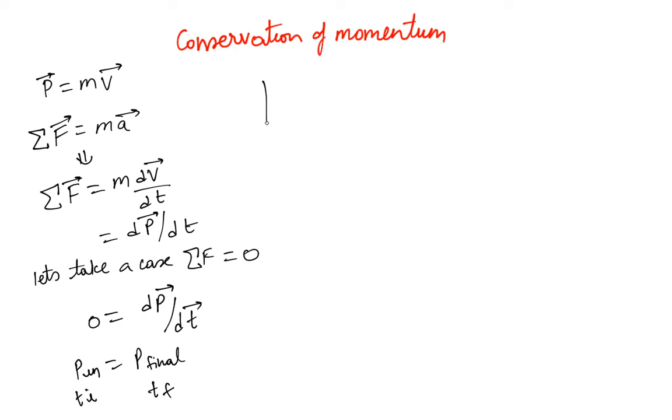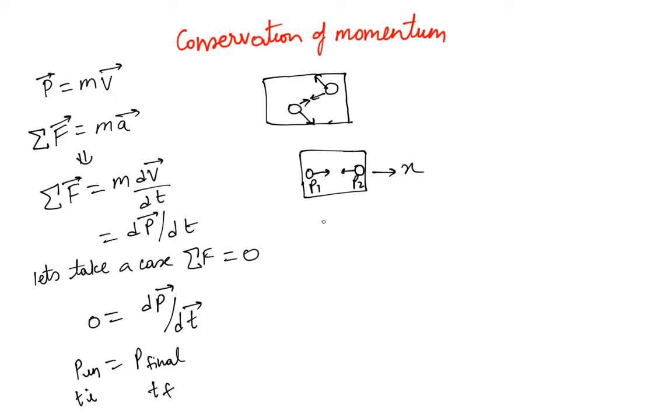For example, let's say there is a box and you put in two balls which collide with the boundaries and can also collide among themselves, and let's say they do not lose energy in these collisions. They are perfectly elastic. There is no loss in energy. Let's say we started with a situation like this: the first one was thrown like this, the other one like that, and the momentum of this one was p1 and of this one was p2.